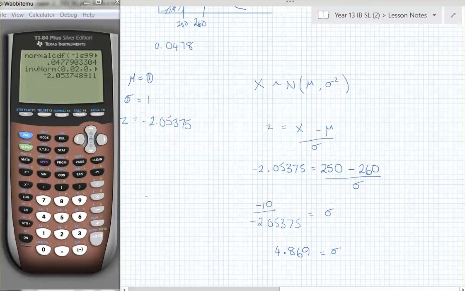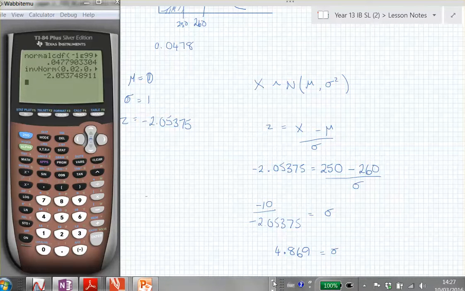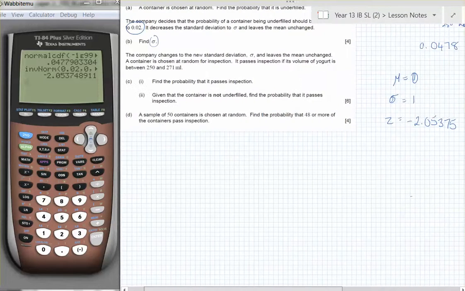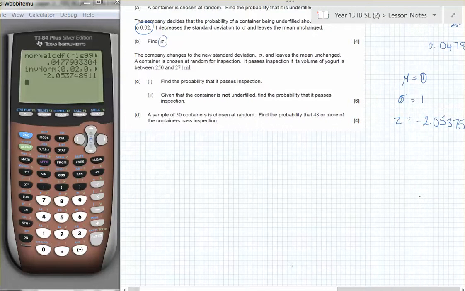Okay, so there's our new standard deviation. So we've got our new standard deviation and leaves the mean unchanged. So that is now 4.87. So let's use that value, 4.87. Leaves the mean unchanged, still 260.